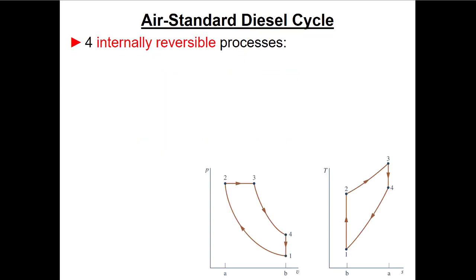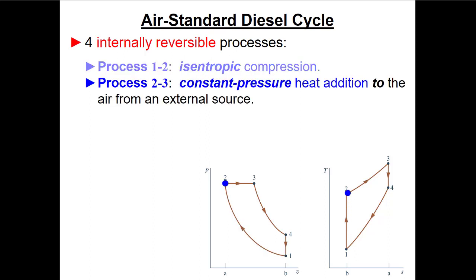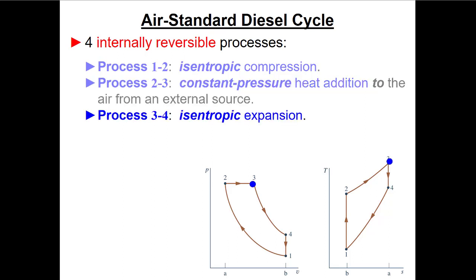So just like in the Otto cycle, we'll have 4 internally reversible processes. First, we'll have isentropic compression from state 1 to state 2. Here's the difference. When we add heat, we're going to assume this happens at constant pressure. Notice that now on this heat addition process, we have a horizontal line on our PV diagram.